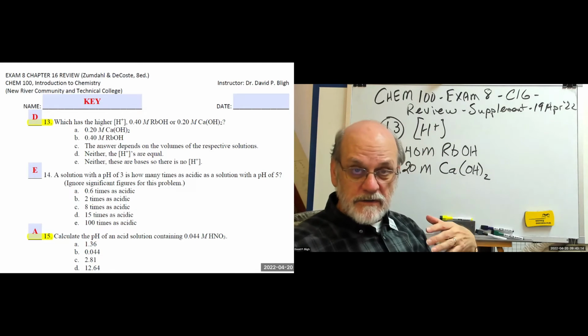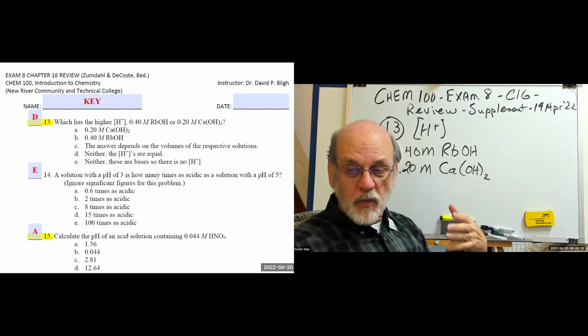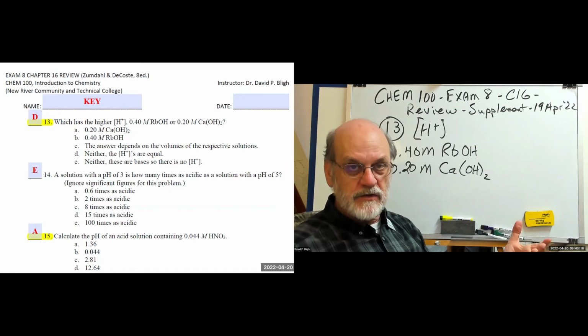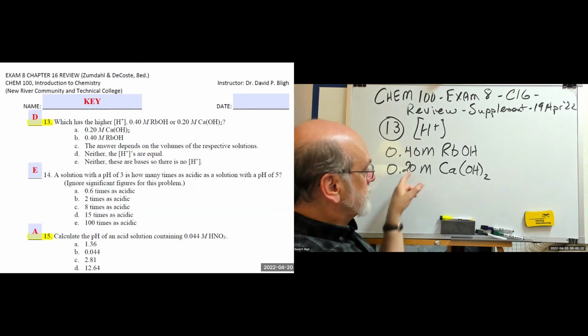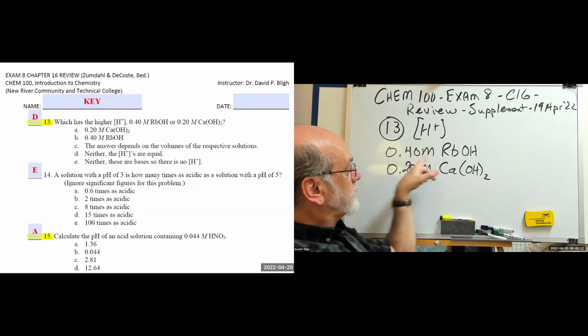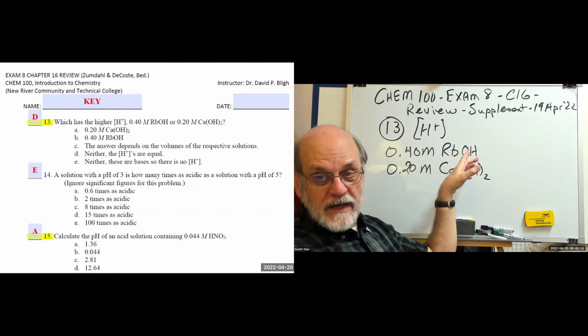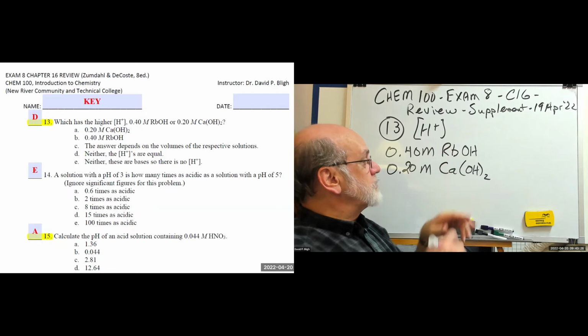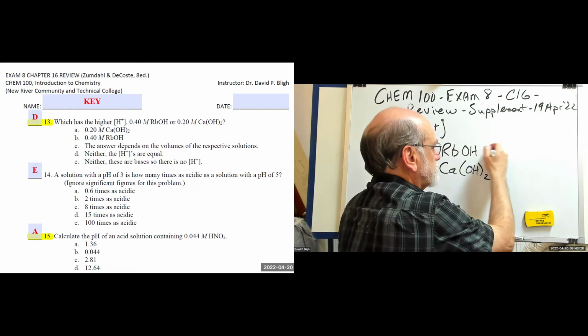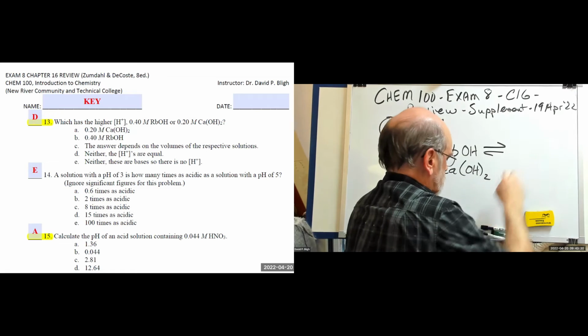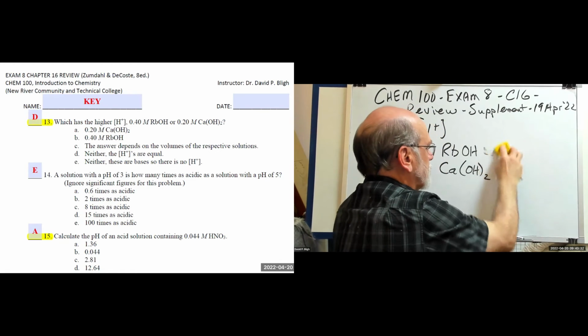All right, so we want to see what's the hydrogen ion concentration. Well, first of all, these are bases. So the first thing we're going to do is determine what is the hydroxide concentration. So this one, 0.4 molar rubidium hydroxide, since it decomposes into, well, actually, that's not true.